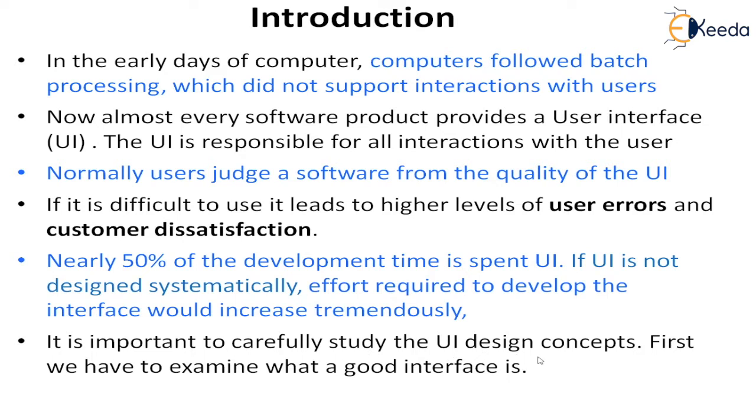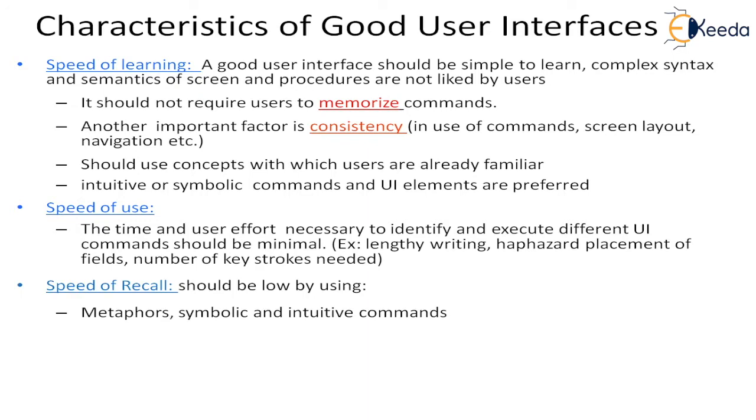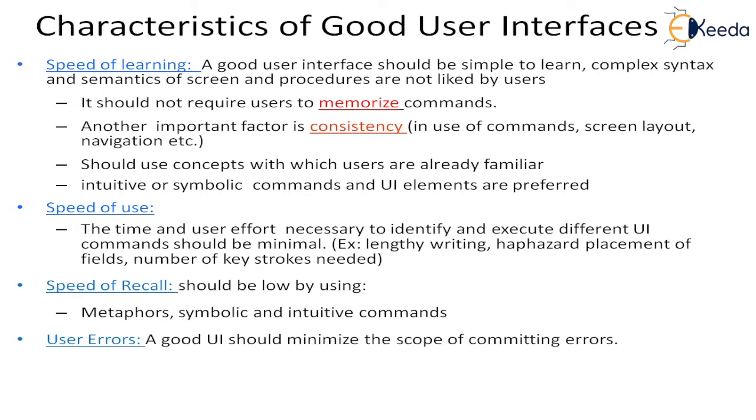So we have to study it, and before we study it, let us examine what is a good interface. How do people really say that an interface is good? Then we can understand what we are doing. So there are certain parameters which define a good user interface. That is what these parameters are that I have noted.